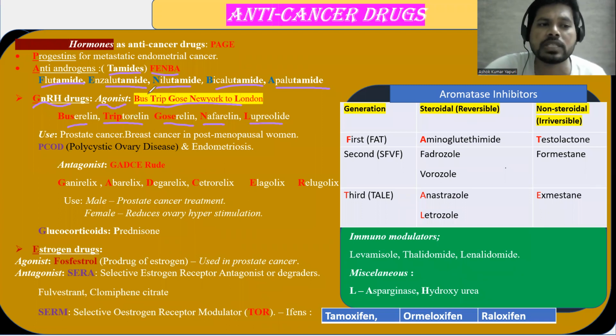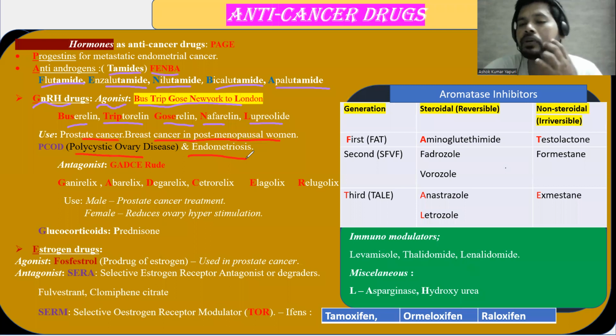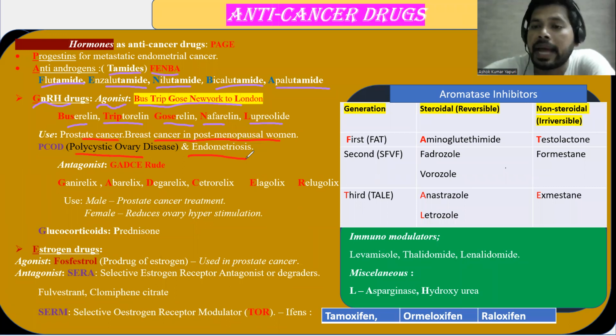The uses of these GnRH agonists are prostate cancer as well as breast cancer in postmenopausal women, and also polycystic ovary disease as well as endometriosis. In endometriosis, excess proliferation of the endometrial cells may develop into endometrial cancer.